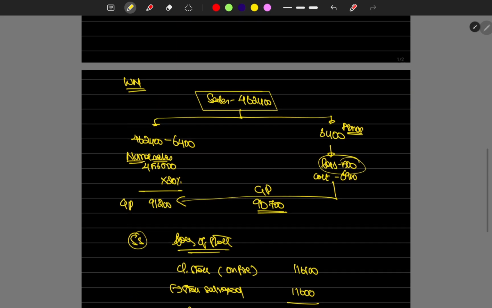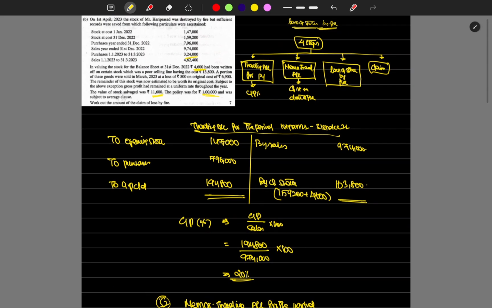That's it. Let me give a quick recap of what we have seen here. There is a loss of stock that happened. They are given the previous year stock level to find out the GP percentage, and the current year details to find out the closing stock on the date of fire.